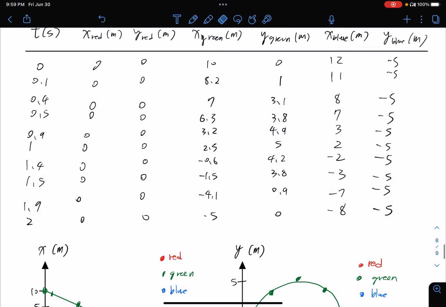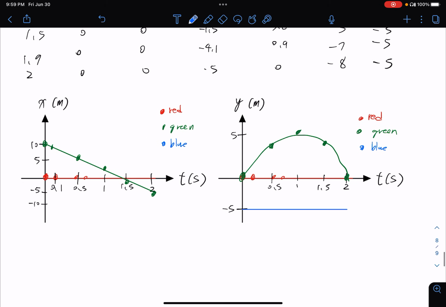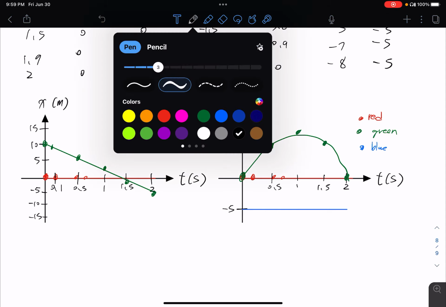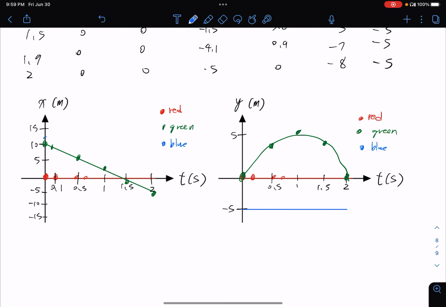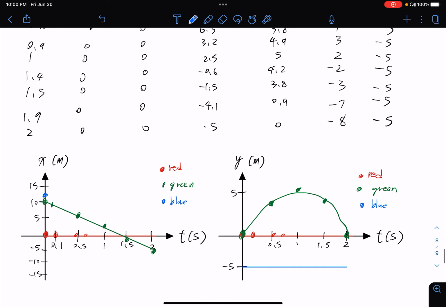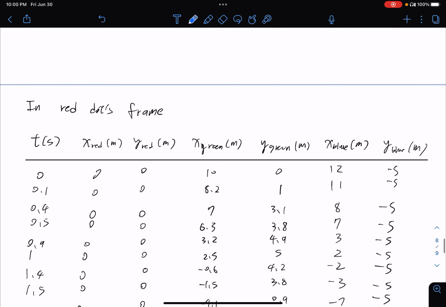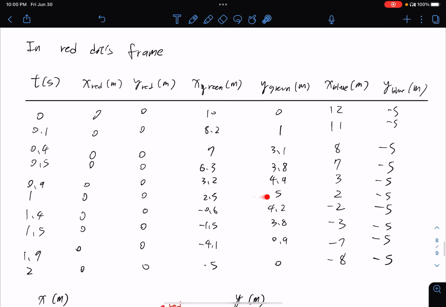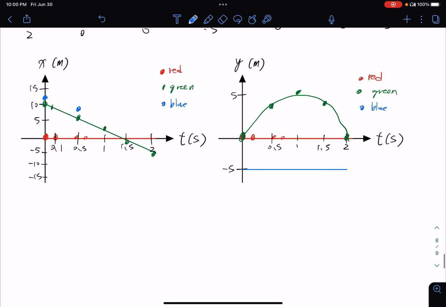Now for the x position, when t equals 0 it is 12, so I should go higher. So this is 15, equally spaced in terms of 5. So 12 is somewhere around here, and then at 0.5, it becomes 7. 7 is around here, and then at 1, it goes to 2.